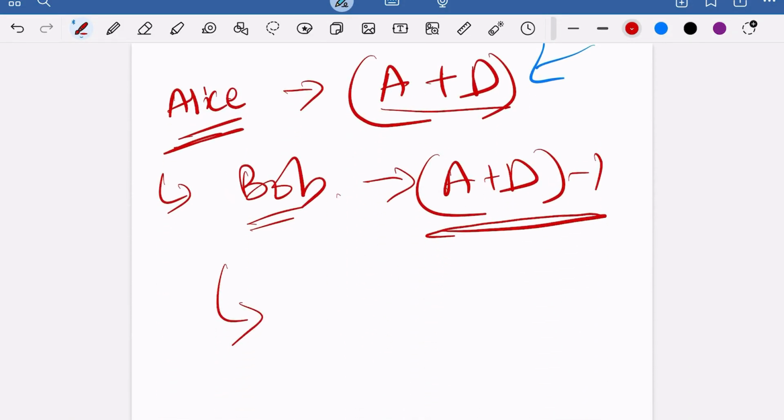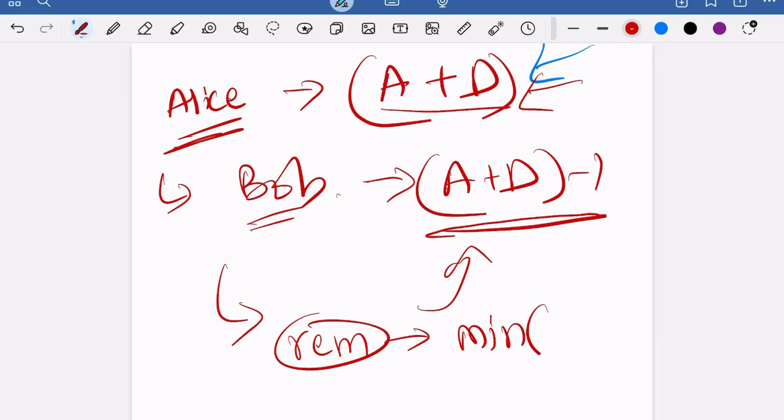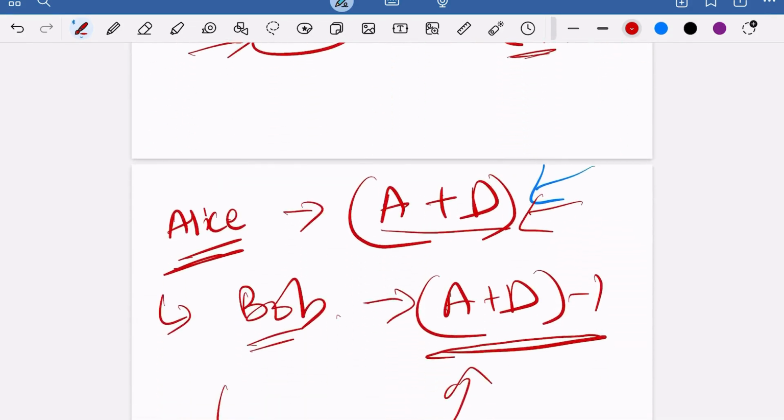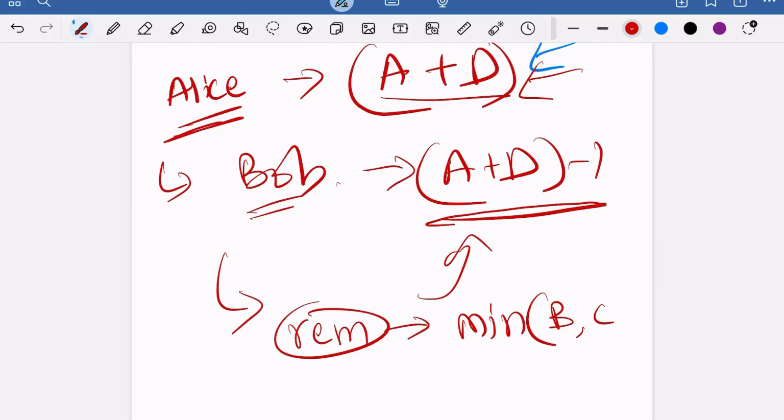So before the diagonals become 0, that is until A plus D minus 1 moves, Bob will always try to remove from whichever is the minimum of the remaining elements, that is the minimum of B comma C. And once the diagonal becomes 0, he will shift to the maximum of B comma C.